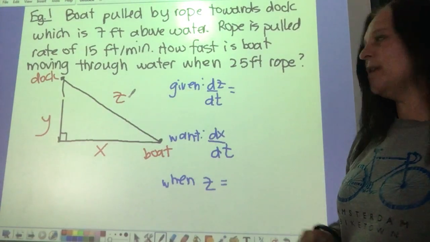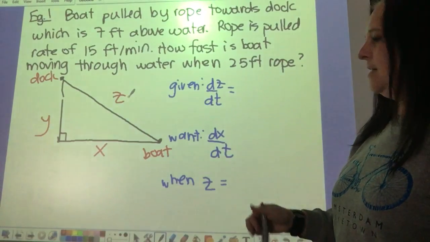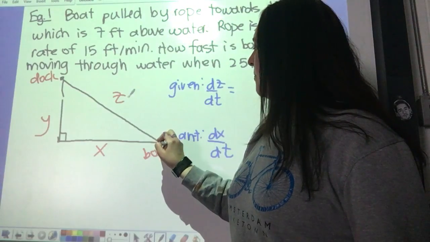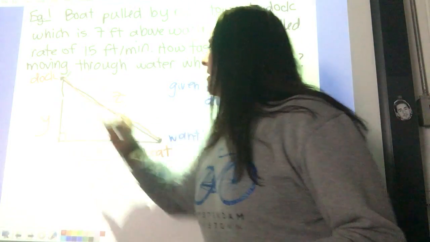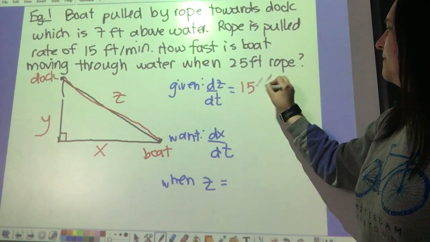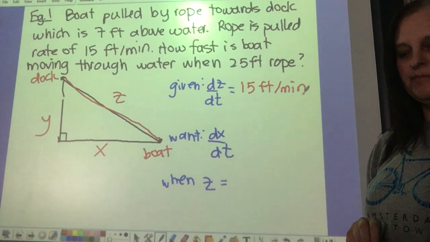So in this question, what are we given? We are told the rate at which the boat is being pulled into the dock. We know that dz over dt is 15 feet per minute. That was given in the question.